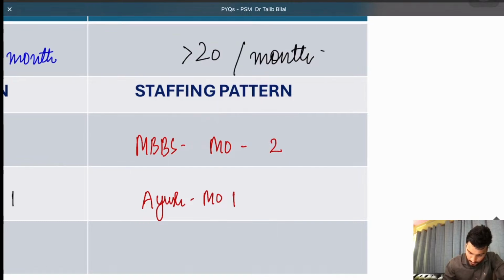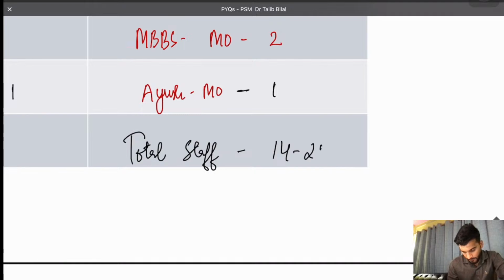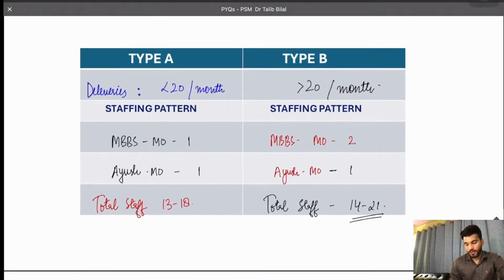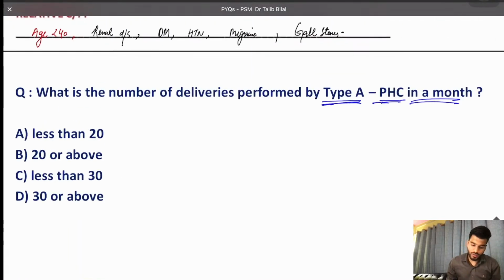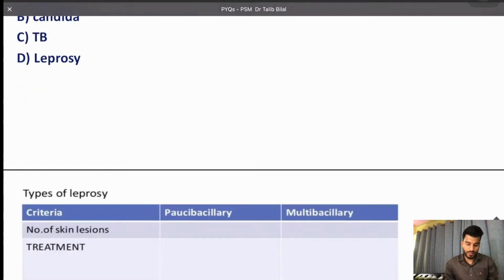And total staff will be around 14 to 21. So you got it correct, guys. The answer is less than 20. So remember, more than 20, it's type B PHC.